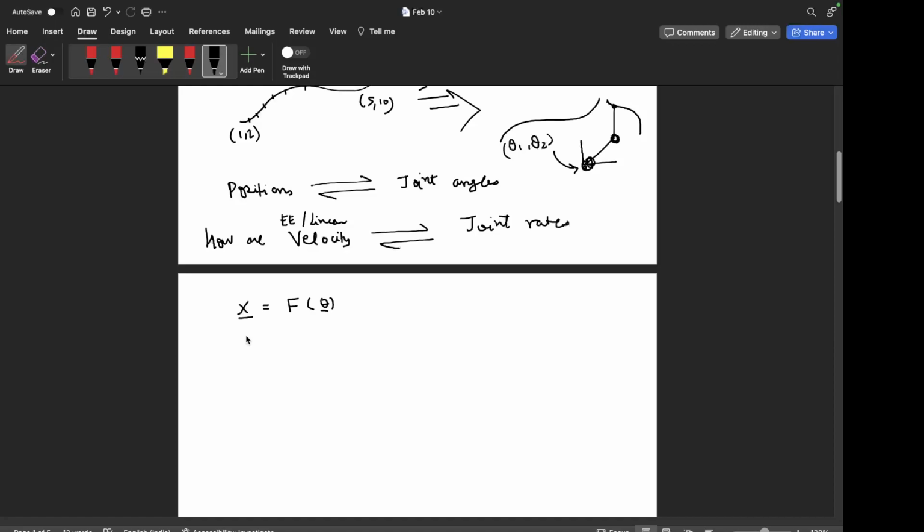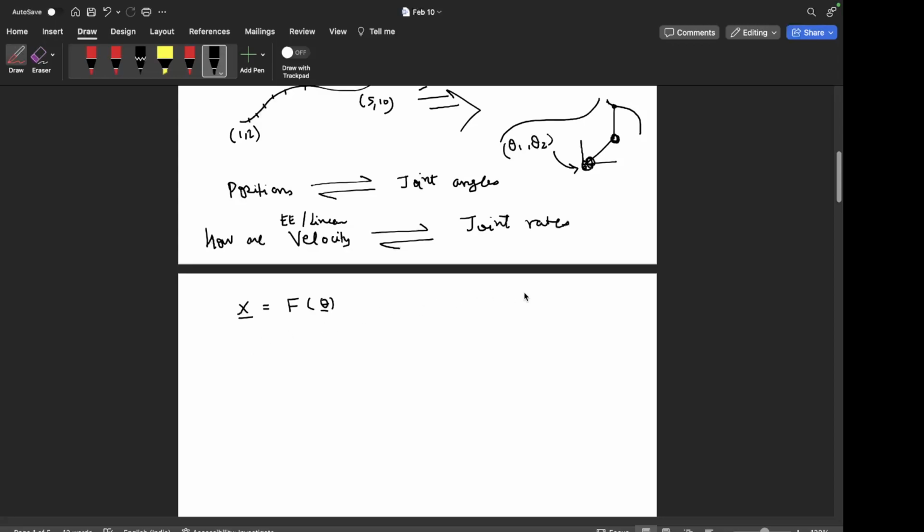Because velocity is what? Velocity is change per unit time, that is velocity or rate. So we want to relate the change in the joint angles to the change in the position of the end effector, or for that matter any specific point on the manipulator. So how are these two related?